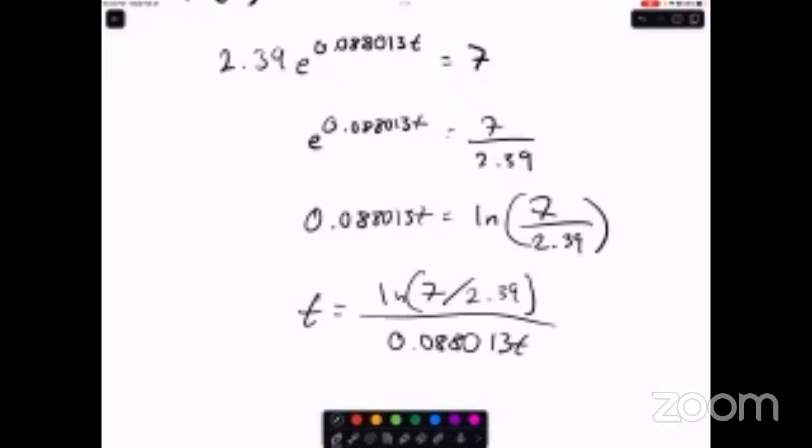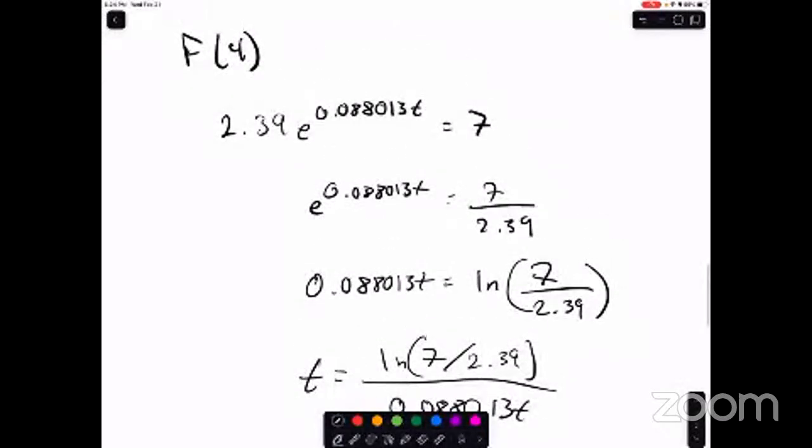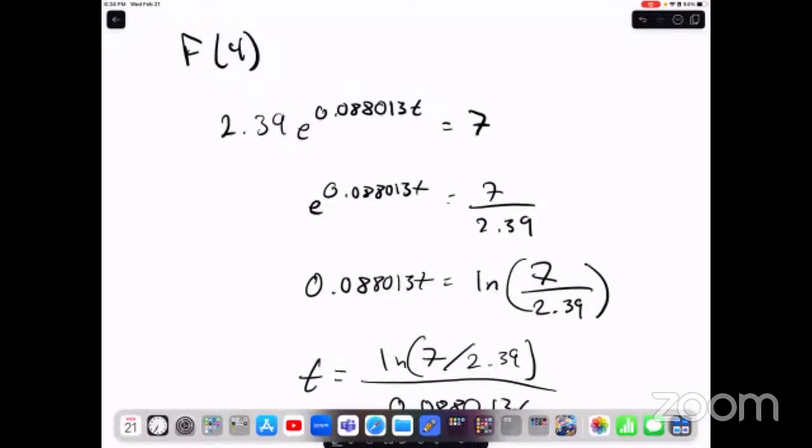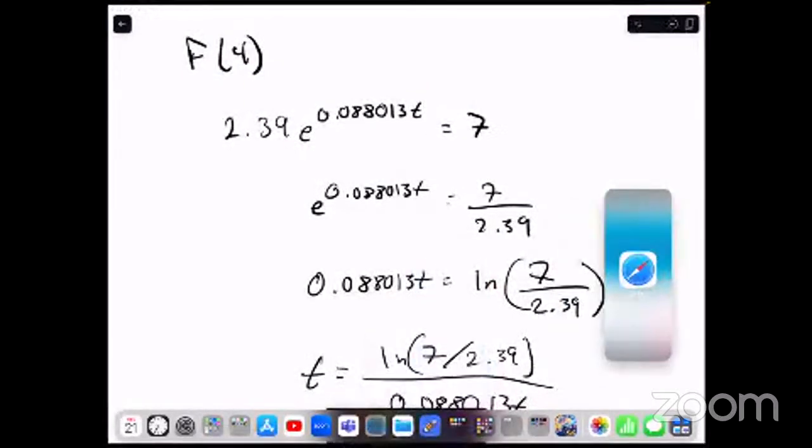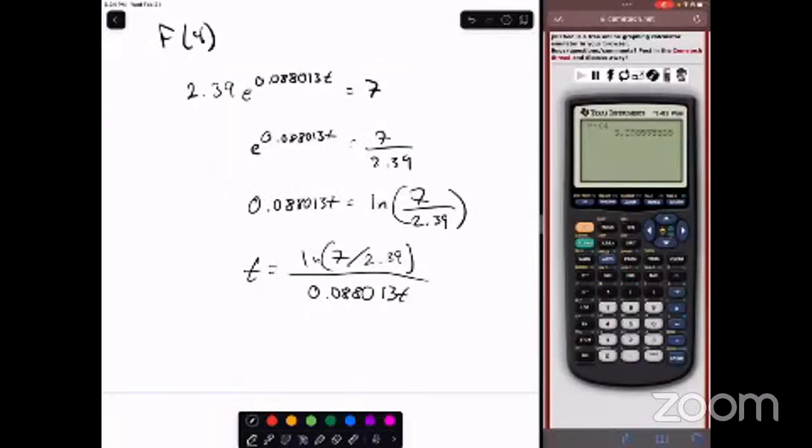All right. Let me go ahead and crunch this. Let me see. I want this one. Okay. So then it should be the natural log of 7 over 2.39 divided by that rate that we found.